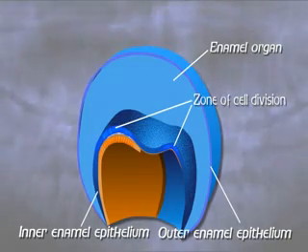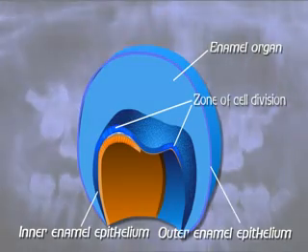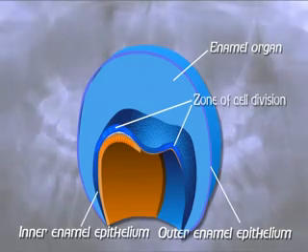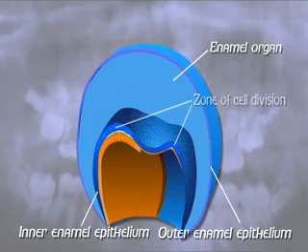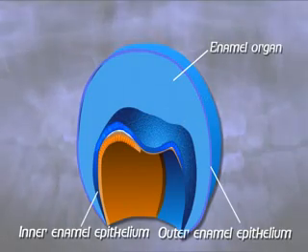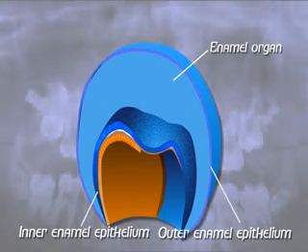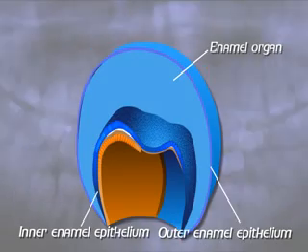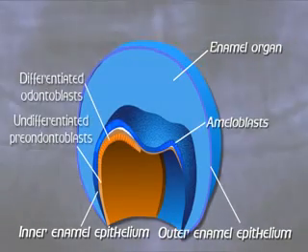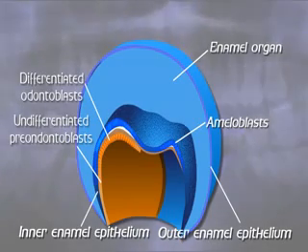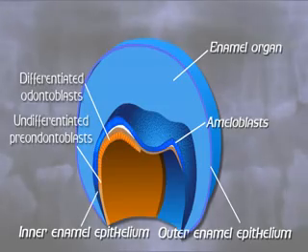When the tooth germ is growing rapidly during the cap to the Bell stage, cell division occurs throughout the inner enamel epithelium. As development continues, cell division ceases at a particular point because the cells are now beginning to differentiate and assume their eventual function of producing enamel.